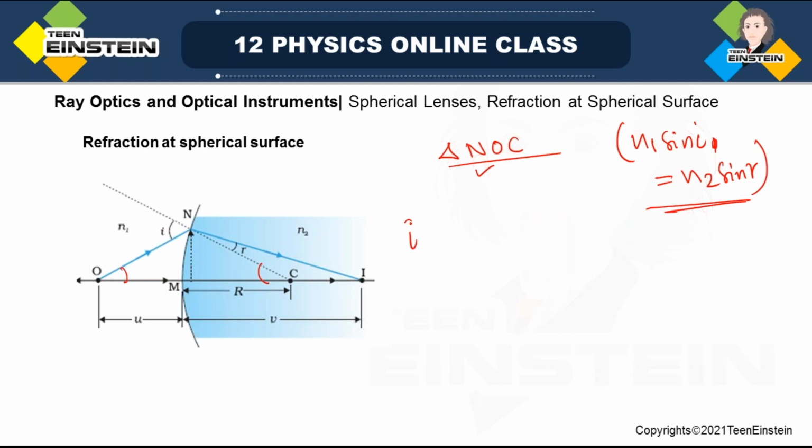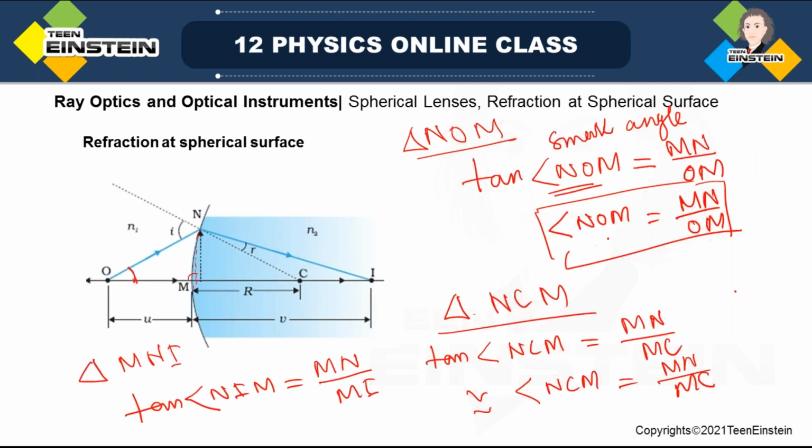I can write that: I is the sum of angle NOM, or NOC, plus angle NCM.